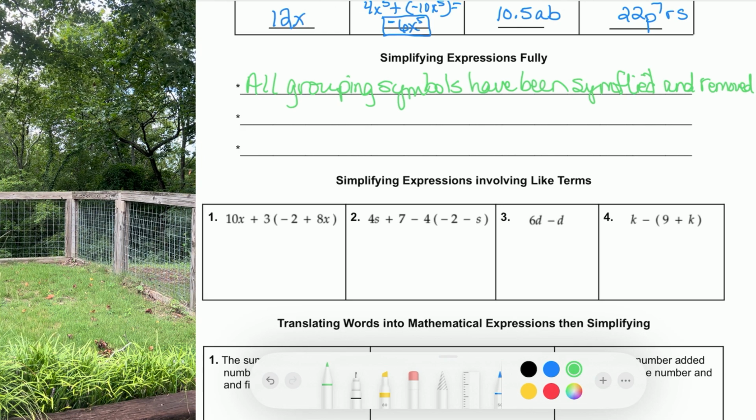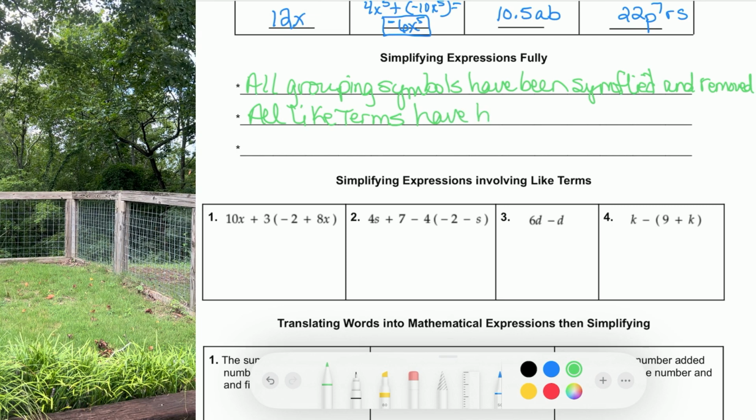Okay, so that's the first thing. The next thing is all like terms have been combined.